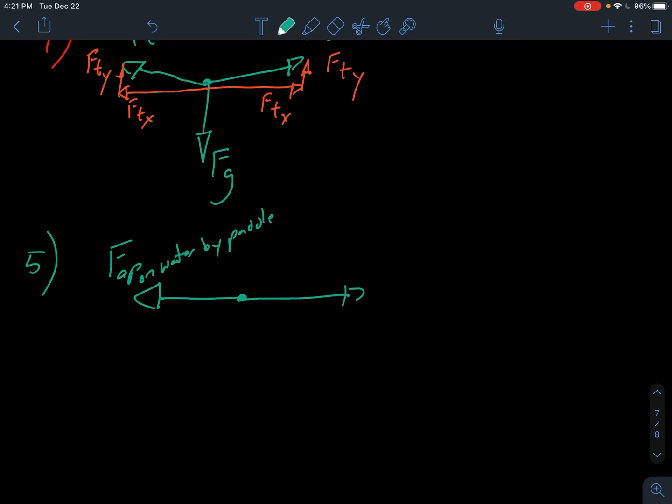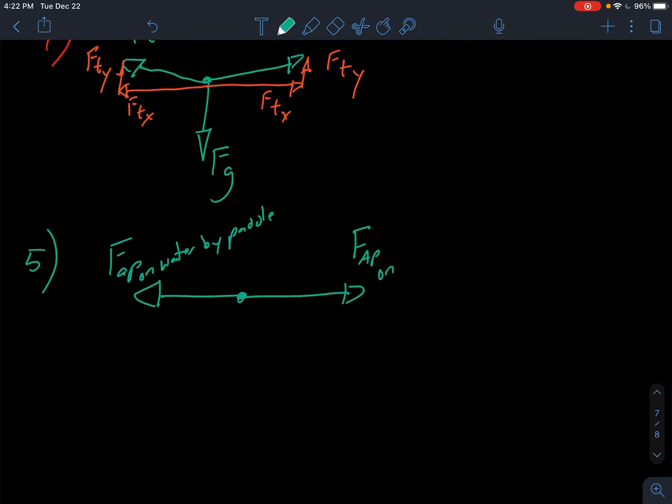There's another force going forward. We'll just put applied force again, on the paddle by the water. So they're the same. So the problem comes: if the forces are equal, how is this boat moving?